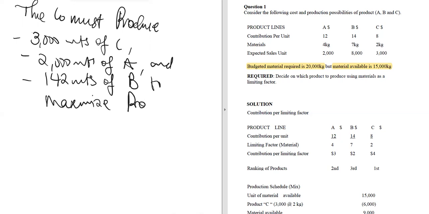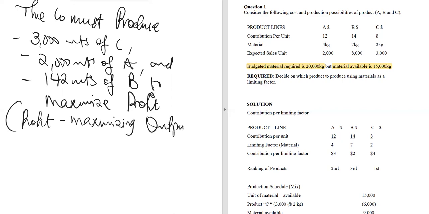So management accounting is all about what? Interpretation or commentary. So this is what we call the profit maximizing output, right? How much you should produce to make this profit.